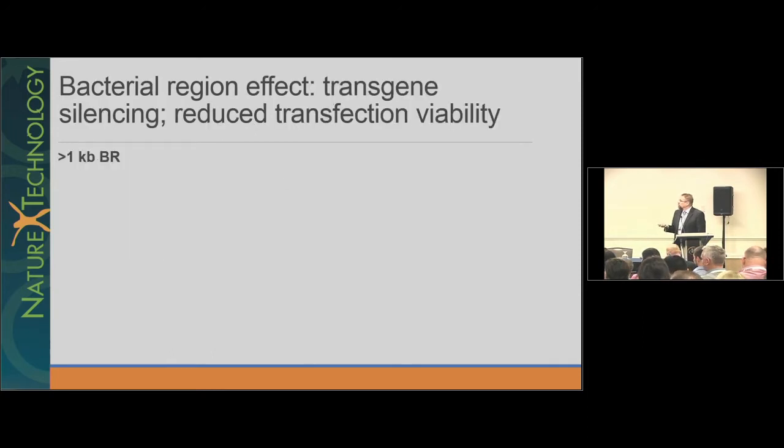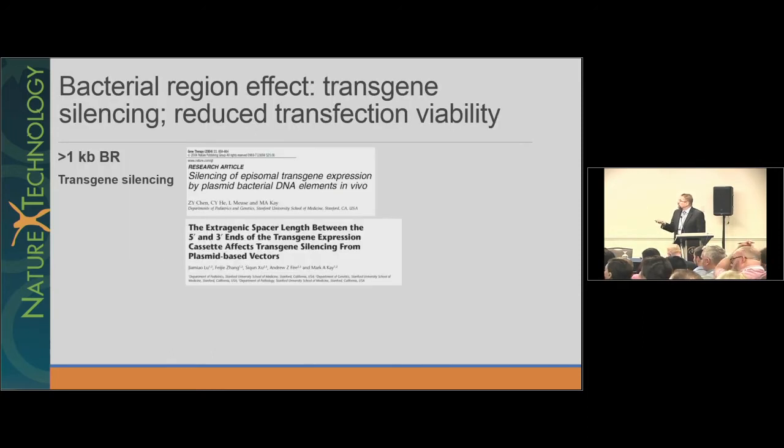This is work that really started off from Mark Kay's lab at Stanford. He's done a tremendous amount of work on this, which is really illustrated, especially in tissues like the liver, which are prone to silencing, that a backbone over a kilobase will cause profound silencing of expression.